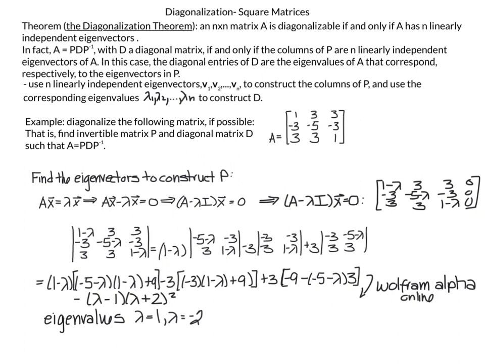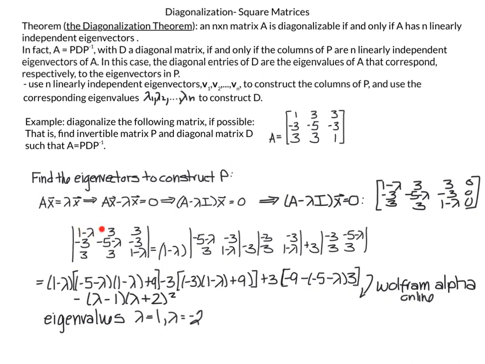To find the lambdas here, or when this homogeneous equation has a solution, we're going to look at the determinant of the matrix A minus lambda I. So here is my determinant of A minus lambda I, just keeping it here. 1 minus lambda, negative 3, 3, 3, negative 5 minus lambda, 3, 3, negative 3, 1 minus lambda.